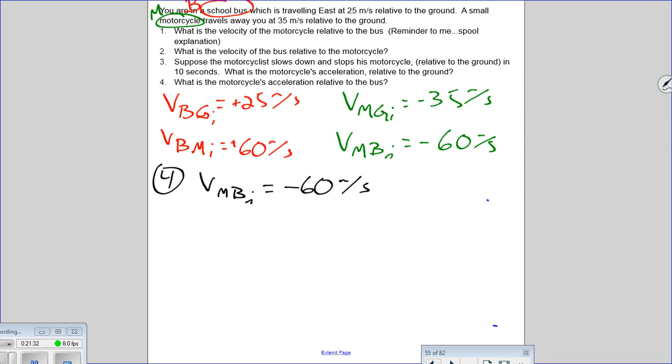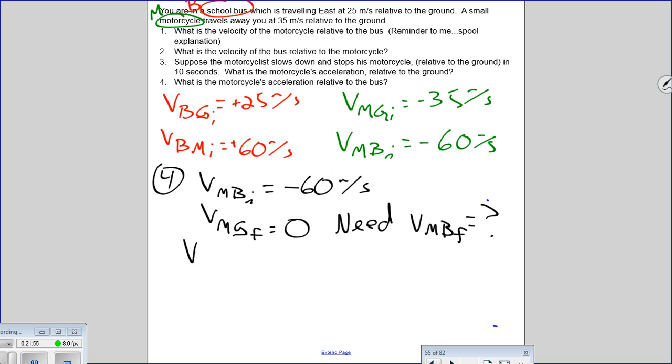Yeah, I need to know the final velocity relative to the bus, right? Do you see what I'm saying? Because we know that the velocity of the motorcycle relative to the ground final is 0, but we need the velocity of the motorcycle relative to the bus. Make sense? We don't know that yet, so we've got to take a second and find it.